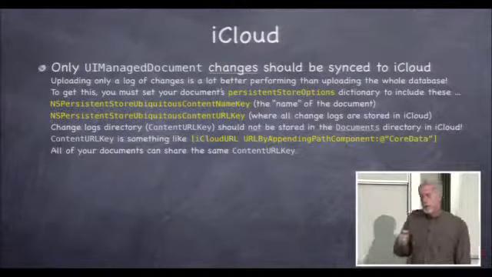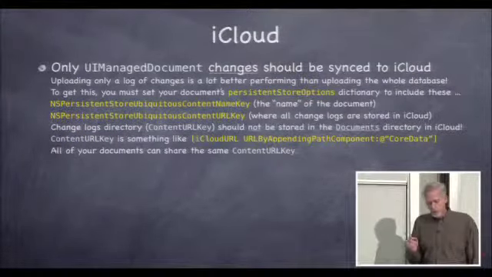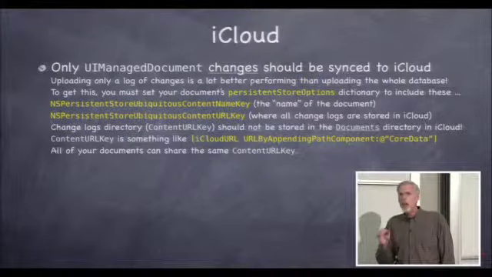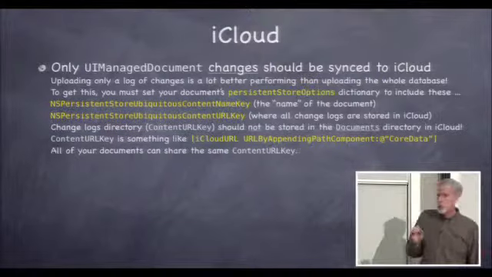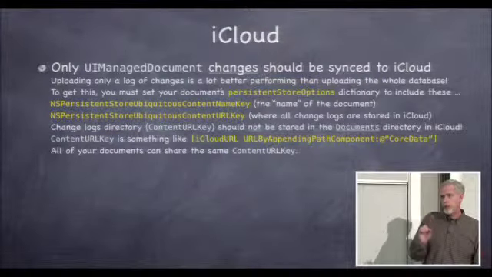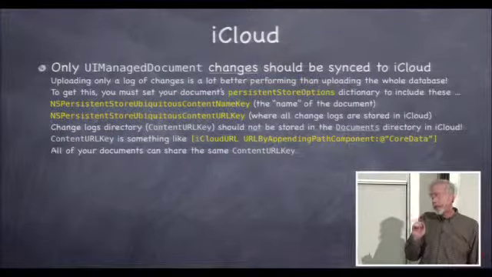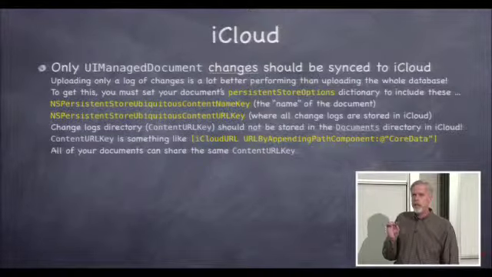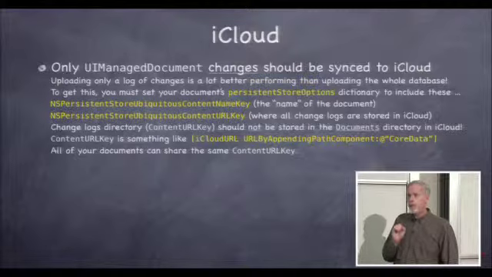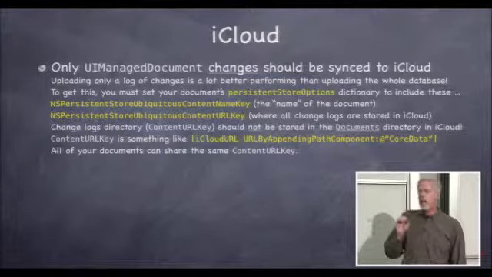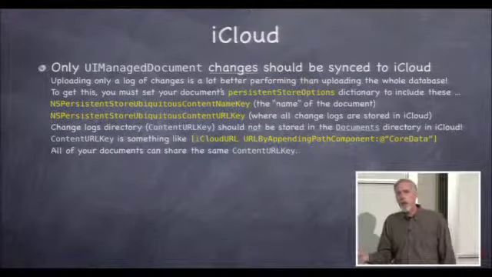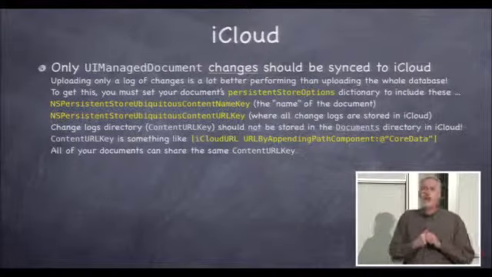There is a very important thing you need to do. There's a dictionary property in UIManagedDocument called persistentStoreOptions. Just an NSDictionary. And you need to set a key inside of that dictionary, NSPersistentStoreUbiquitousContentNameKey. The value of that key is just a string, and it is the name of the document.